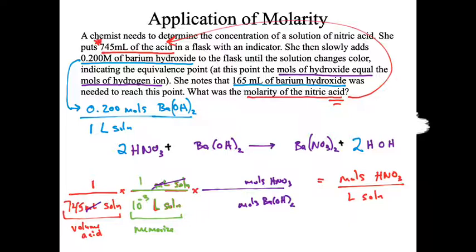What do I use from that chemical equation, my conversion? 2 moles of nitric acid is 1 mole of barium hydroxide. This is fantastic. I brought in moles of nitric acid. I found the conversion factor that brings in moles. That's great. Okay? We literally tried all of them.